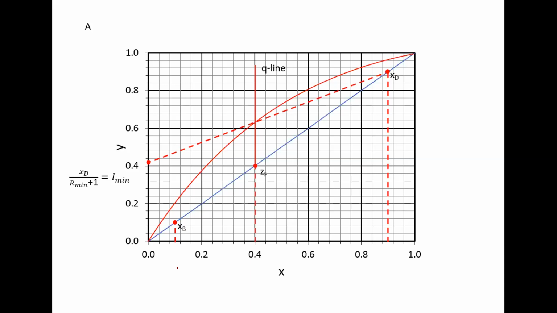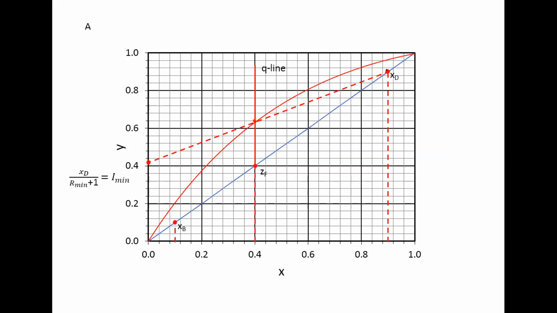Okay, so for the operating line of the enriching section, you have to intersect the key line with the equilibrium line, right? And you get this point right over here.